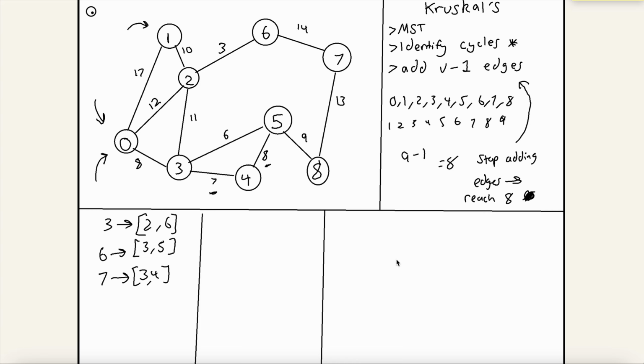So we need to be careful here, because if you remember this rule over here, we don't want to add any edge that forms a cycle. We've already added 3 and 5 here, and then we've added 3 and 4 here. So if we add this edge here, it will create this cycle, so we don't want to do that.